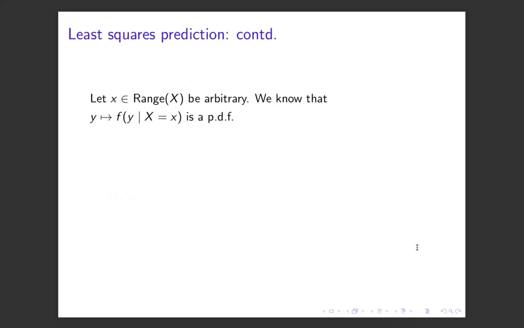So let little x be arbitrary in the range of X. We know that little f of y given X equal to x is a PDF as a function of y.